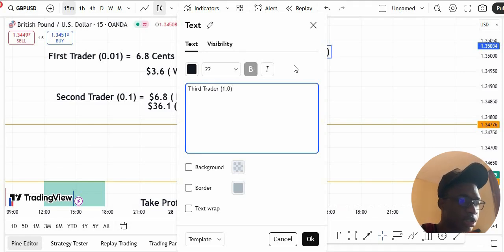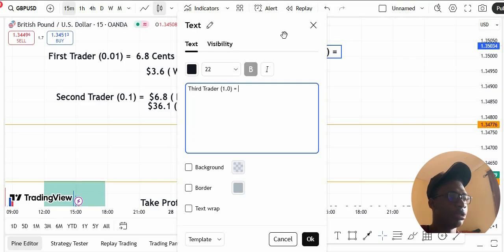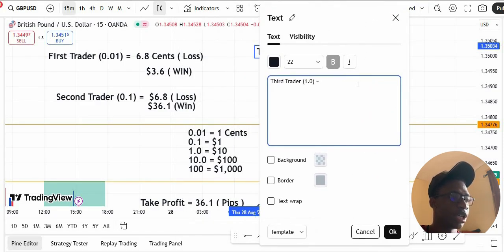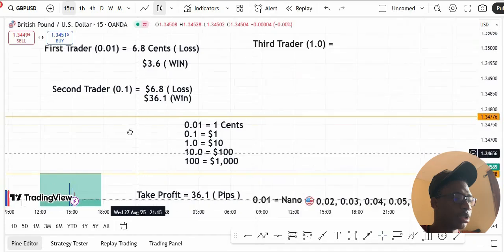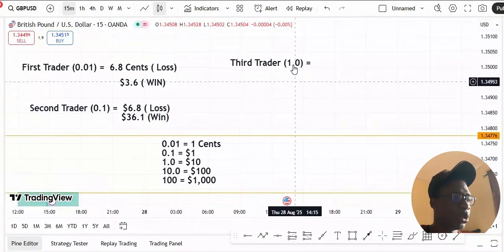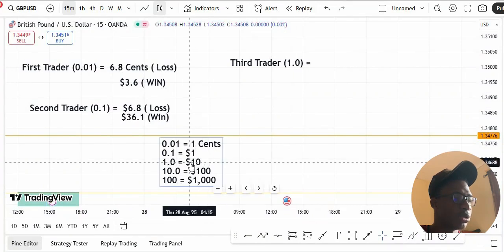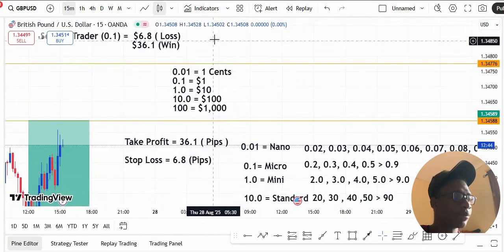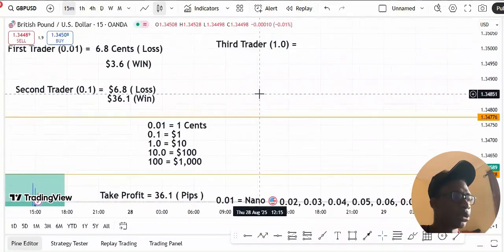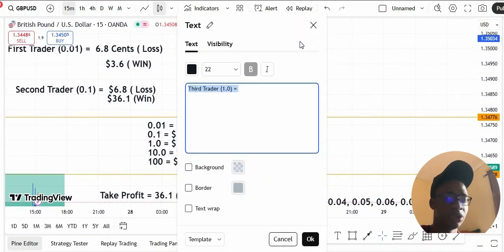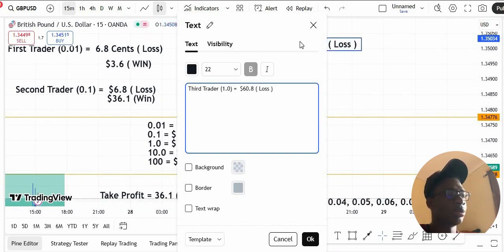So the third trader is opening his account with a 6.8 pip loss, 1.0 lot size, which is equal to $10 per pip, and we have 6.8 pips. That's going to be $60.8 loss if it goes sideways. So it's going to be $60.8 loss if the market ends up being a loss. You get what I mean?